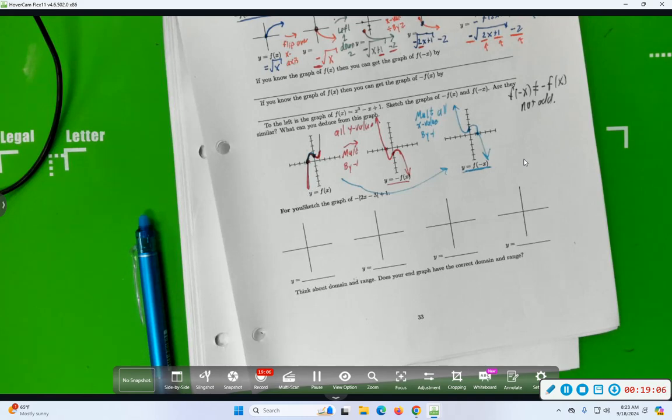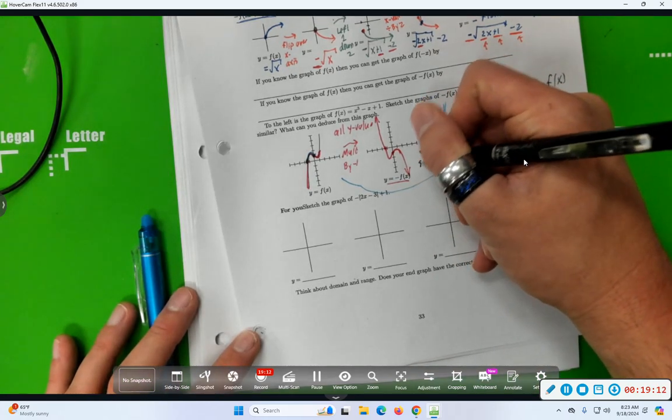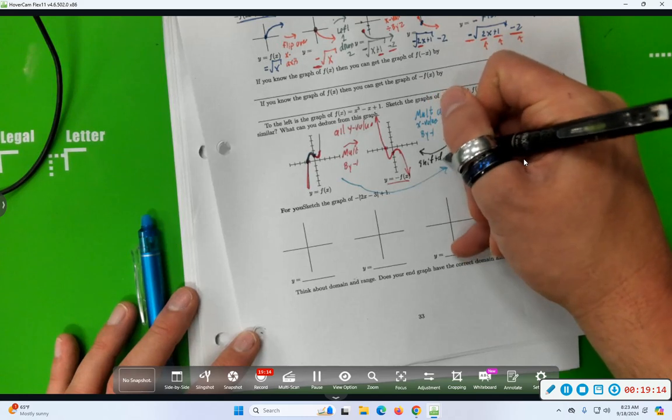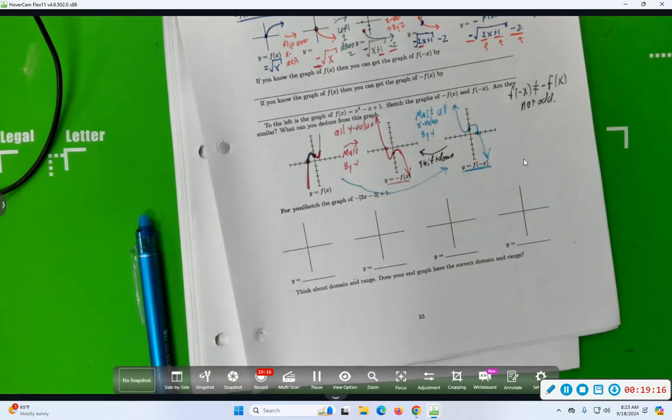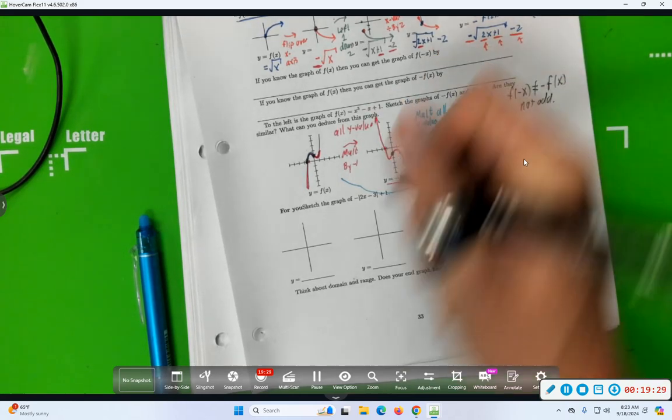Yeah, it looks like to go this way we could shift down. That seems about right. In fact, can you see how far you would want to shift down? 2, I think. At least I would get that y-intercept to line up with the y-intercept on the other one. That's the only coordinate we know on the nose anyway.